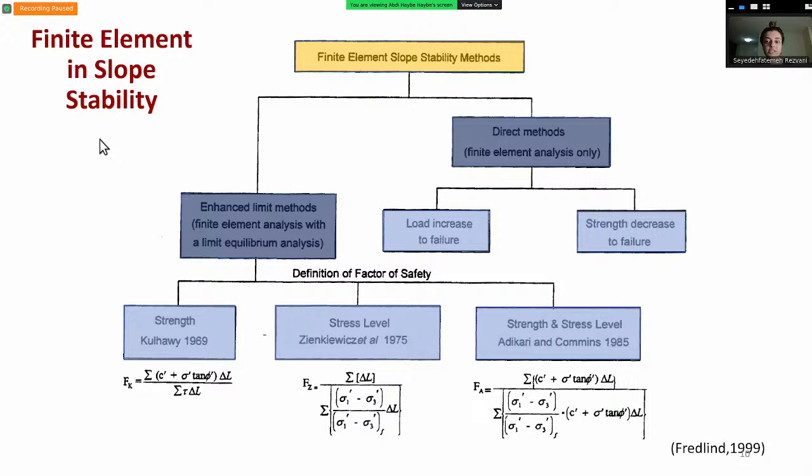Several researchers have studied this method and proposed different formulations for the factor of safety, as you see here. And the second category is the direct method, which uses only finite elements. This method is based on the concept that we increase the load or decrease the strength of the soil until the failure happens in the soil.